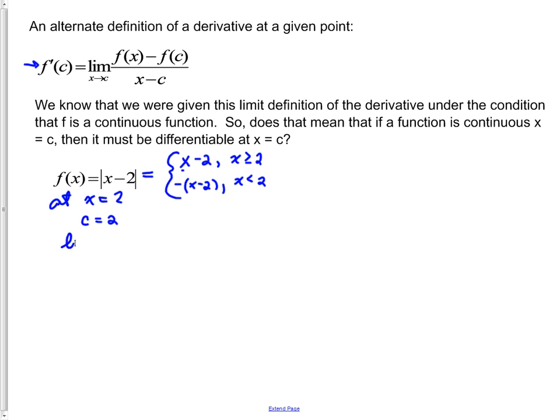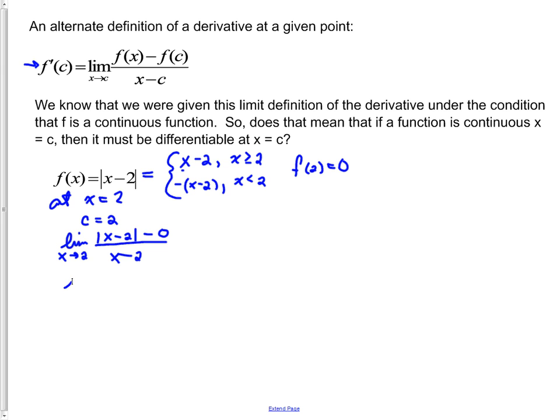So we would want to be able to take the limit as x approaches 2 of the absolute value of x minus 2 minus f of 2, divided by x minus 2. By the way, we note that f of 2 is equal to 0.